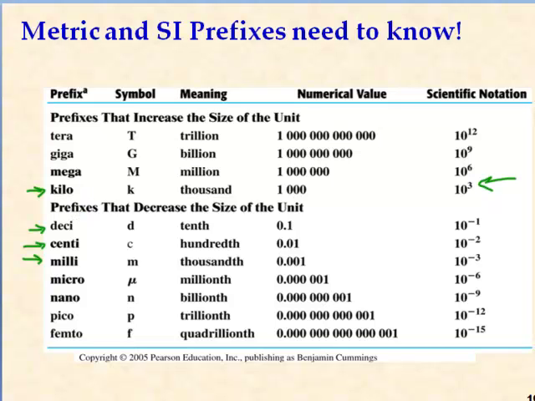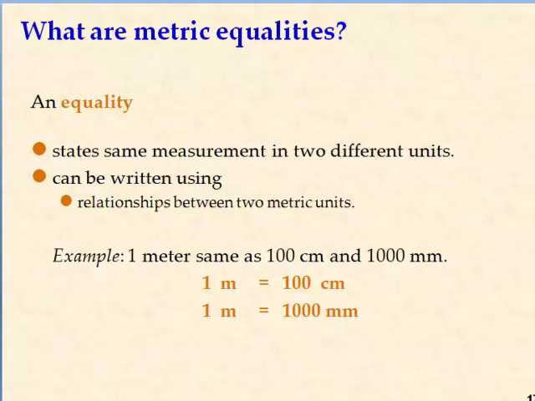other classes as well. Now these prefixes can be applied in front of any of the base units of the metric system, whether it's for mass, volume, or length. It can be applied to any of them, and we can have different values for those prefixes.